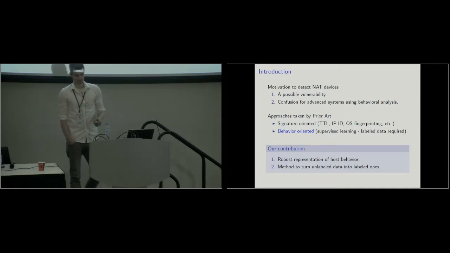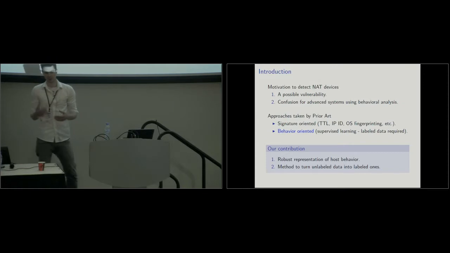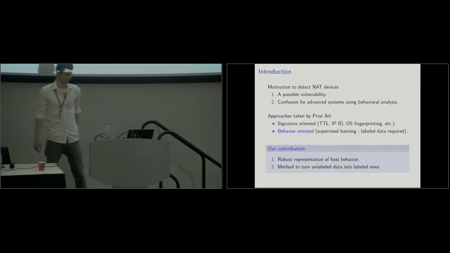So when we see 2 different TTL values coming from one IP address, we may suspect that behind this IP address there are 2 different operating systems, and thus it's possible that this IP address is a NAT device, as there are more users which use different operating systems.